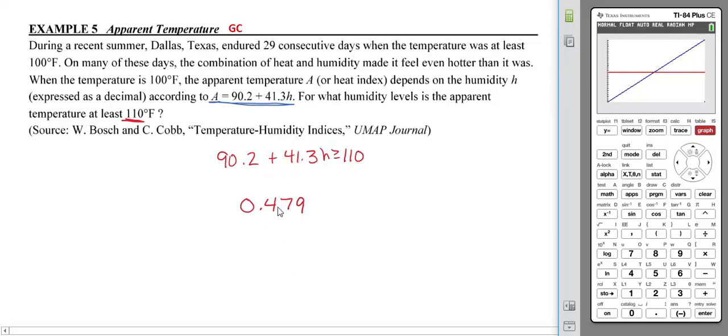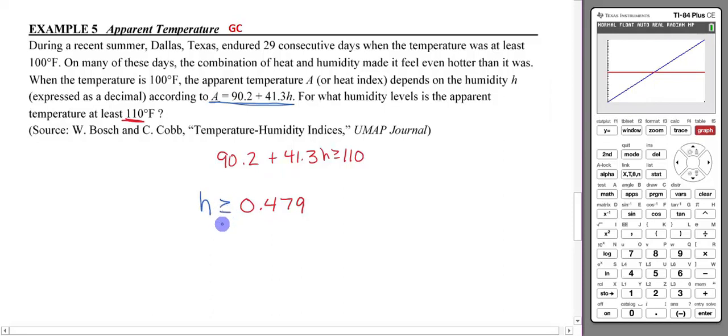So we have values of where it intersected at the 0.479 and more. So H is greater than or equal to 0.479. And if we want to express that as a percent, we would say 47.9% humidity or higher will make 100 degrees feel like it's 110 degrees or more.